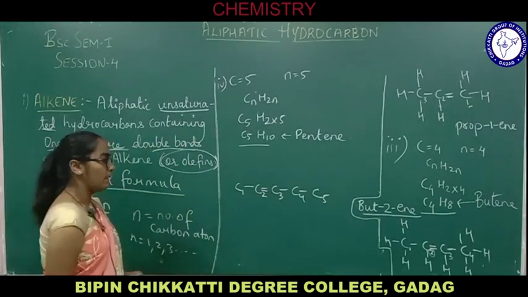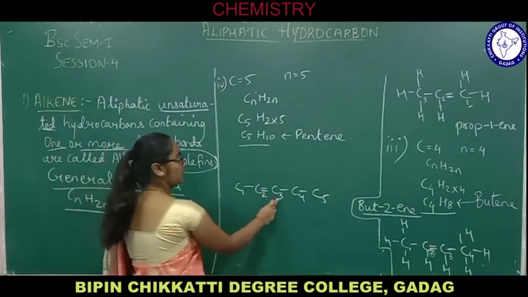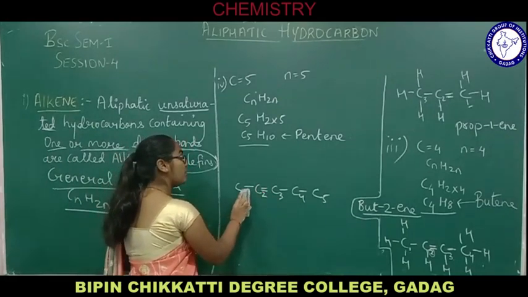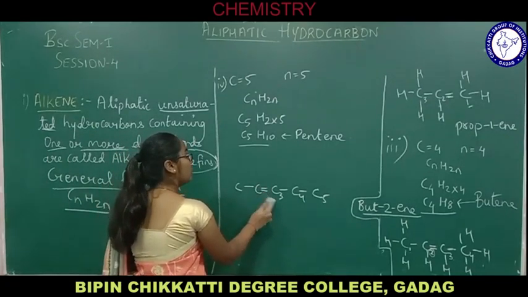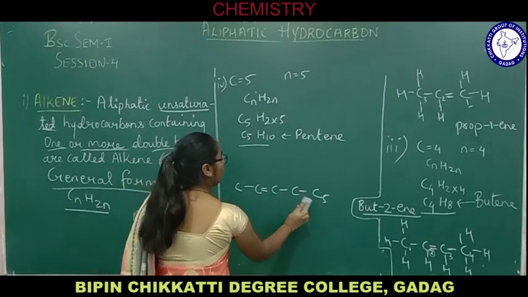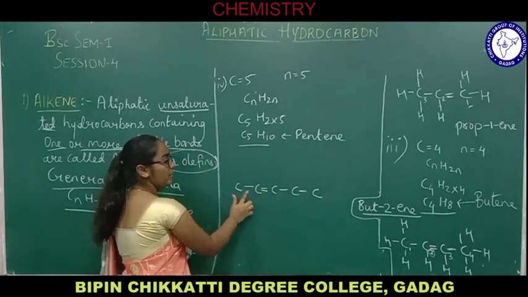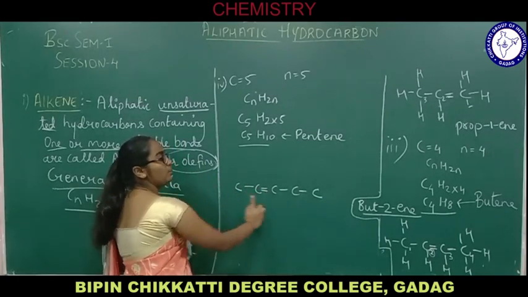Numbering of the chain is also very, very important over here. Wherever the double bond is, the numbering should start nearer to that.